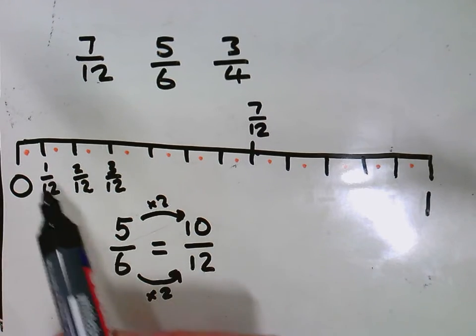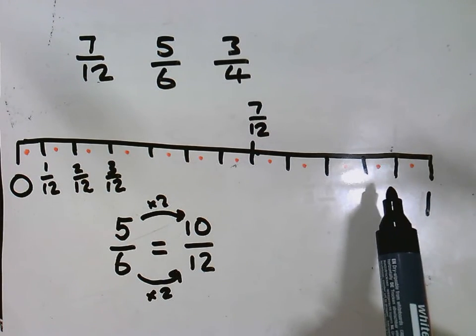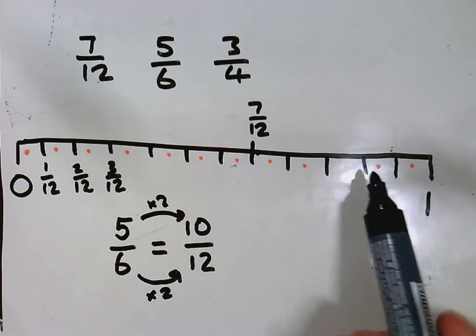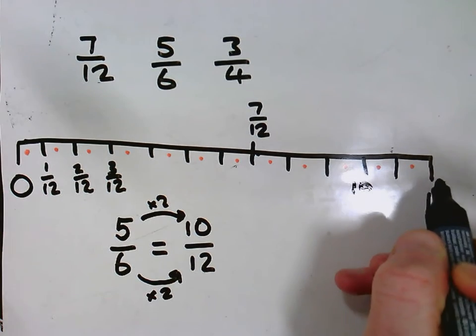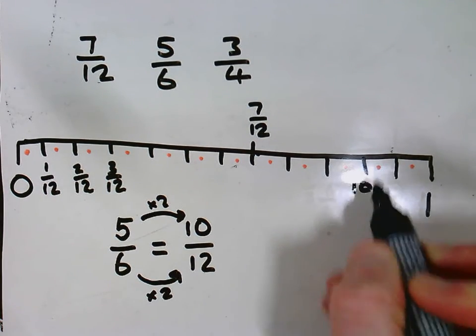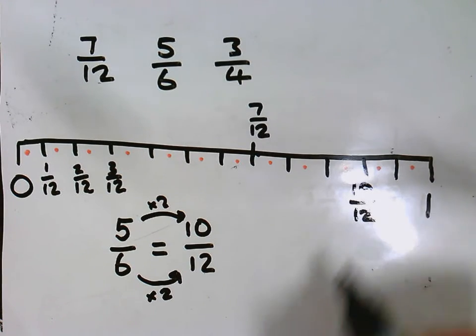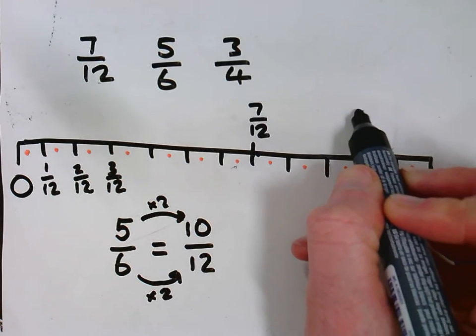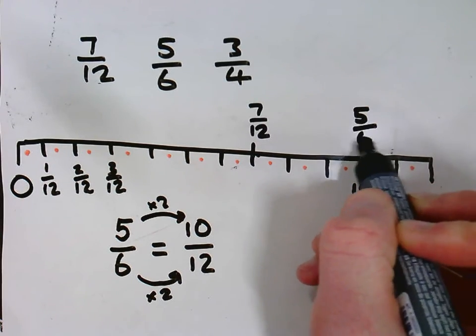So I know that where we have 10 twelfths on here, 7 twelfths, 8 twelfths, 9 twelfths, 10 twelfths. I could have counted back from 12 twelfths, 11 twelfths, 10 twelfths. I know that at 10 twelfths I'm going to have 5 sixths. So there's 5 sixths.